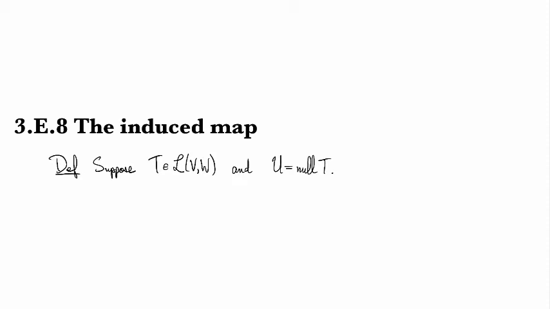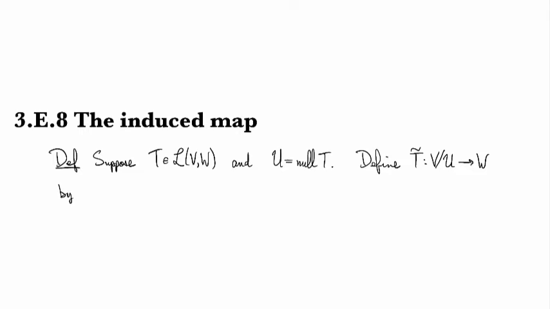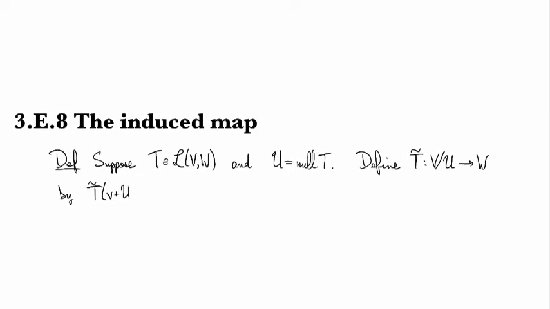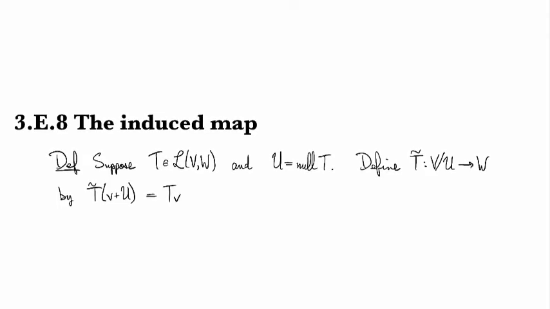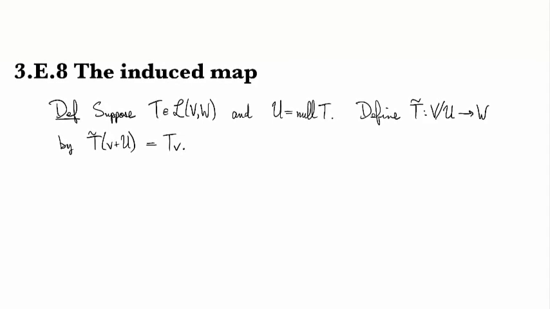Then we are going to define the induced map from the quotient space V mod U into W by: it's the thing that sends the equivalence class V plus U to where T would have sent V. And so you can always do that for any linear map.